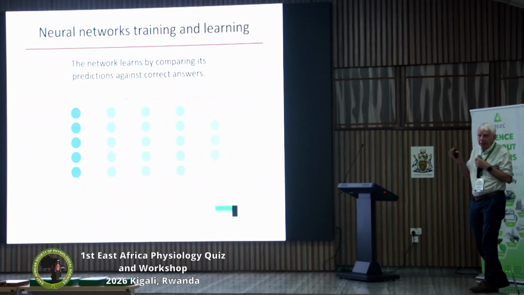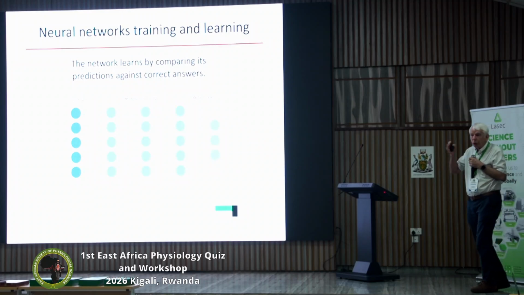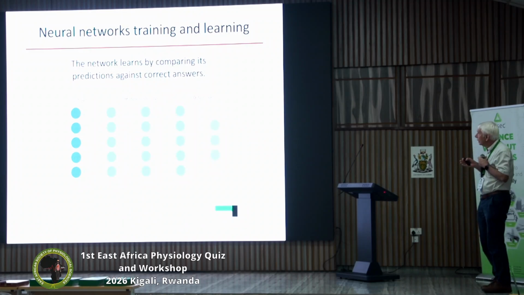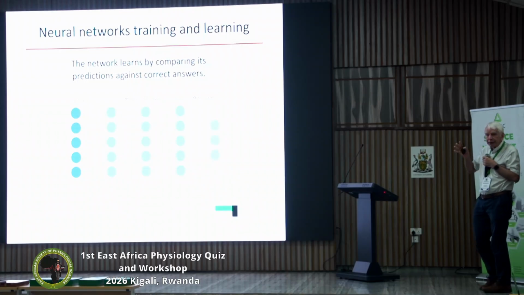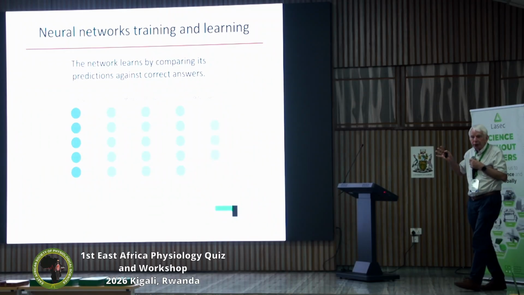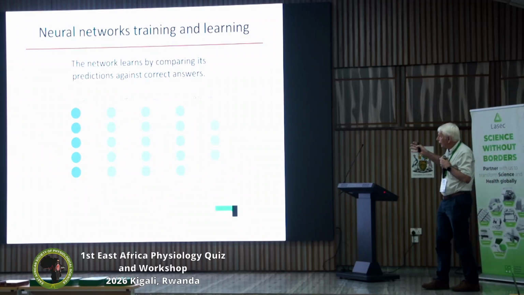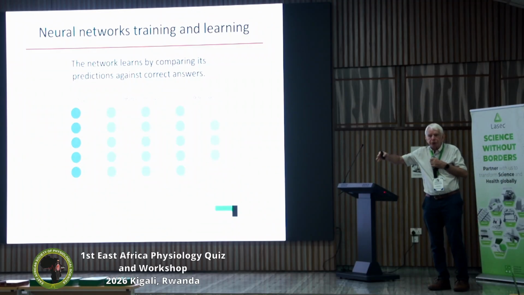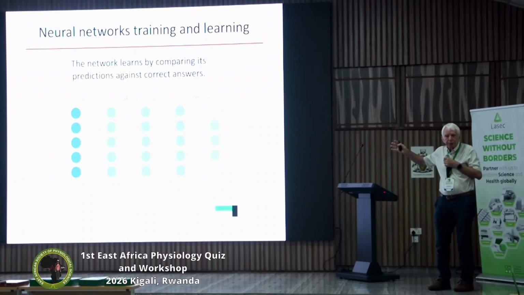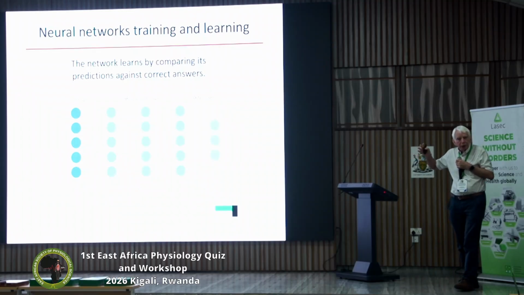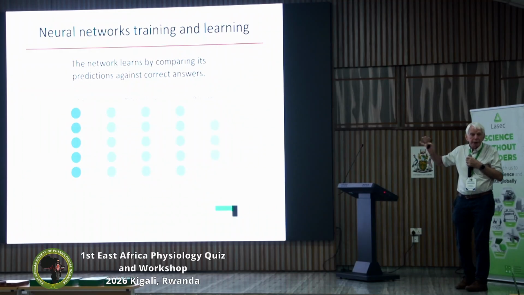Actually, there's a basic principle in the learning, which also resembles the neuronal networks in our brain. And this is called back propagation. The first thing is that the accuracy of the prediction is compared. So you give a certain number of inputs, and if the predictions are false, there's a big error in the system.